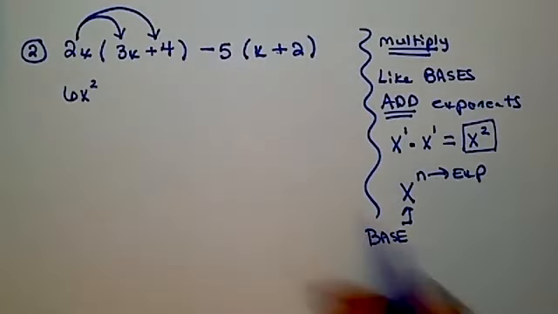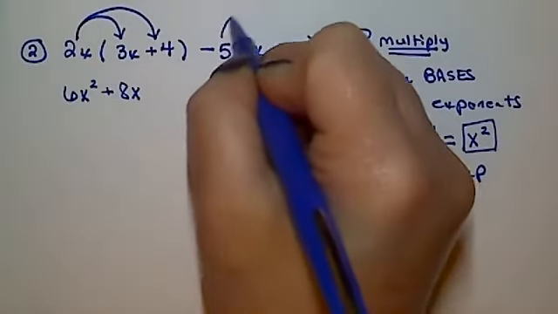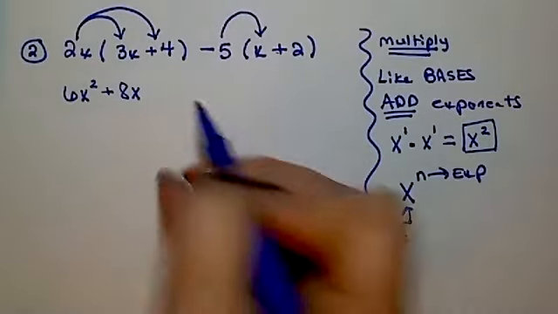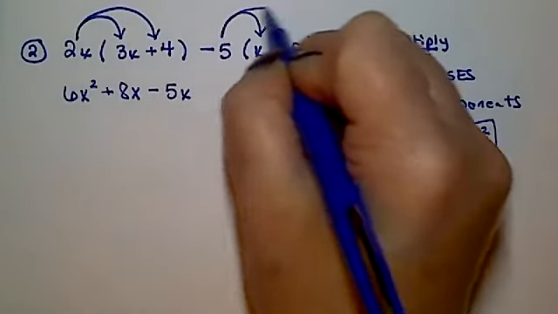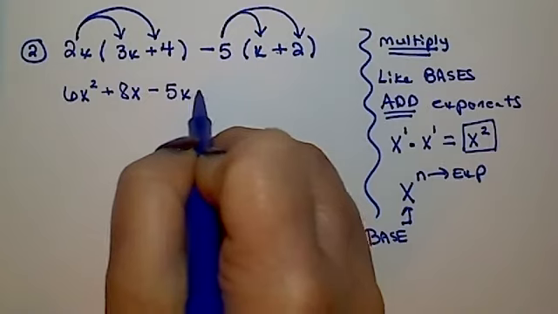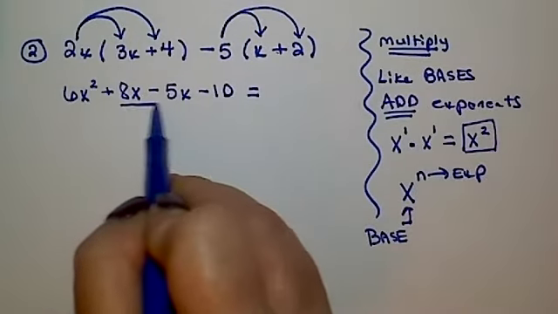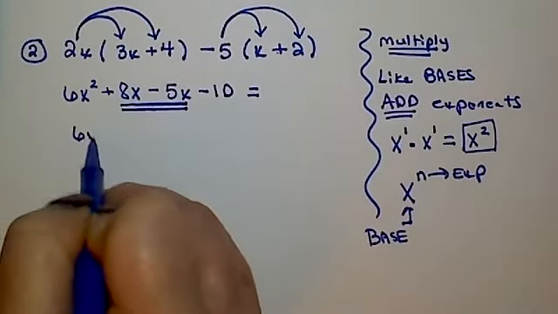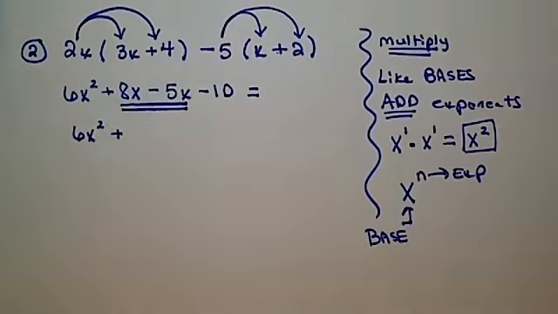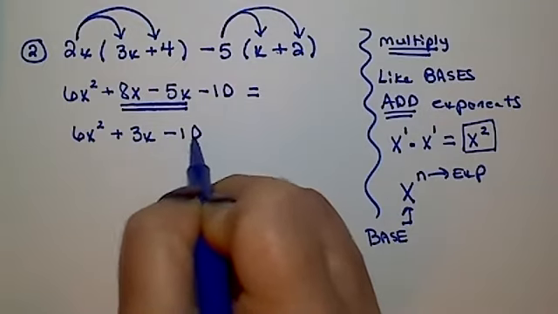2x times 4 is 8x. Negative 5 times x is negative 5x. Negative 5 times 2 is negative 10. So now we can put together 8x minus 5x. So we bring down 6x squared. 8x minus 5x would give you 3x minus 10.